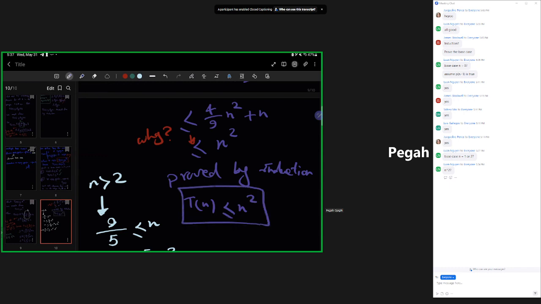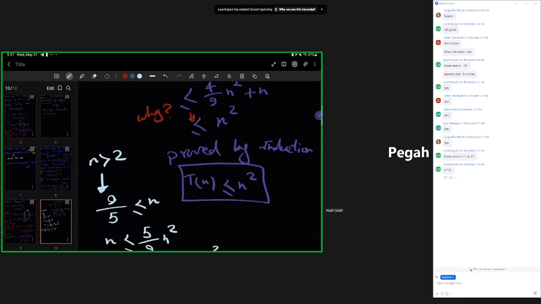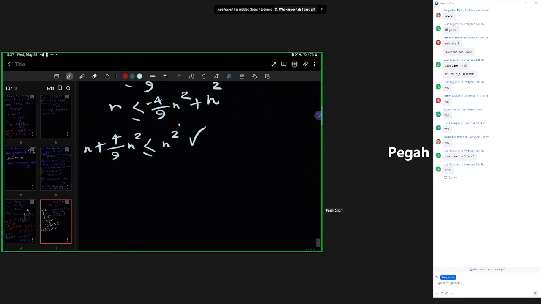And then we show the base case, actually 2 different base cases. Does it make sense? Yeah. Anybody has any other question?